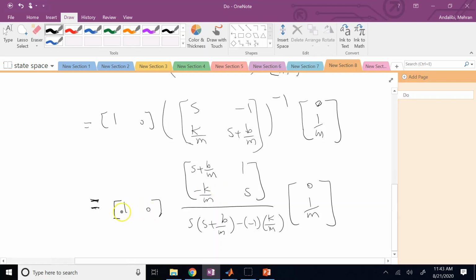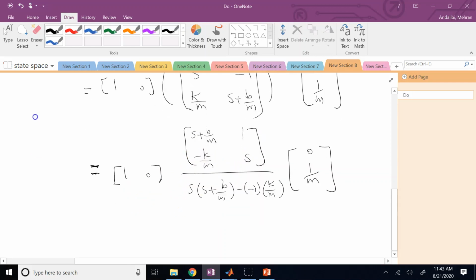So the first thing you can do is you multiply this by that. So here, when you multiply this by the first column and then by the second column, since this is 0, you only will keep basically the first row, okay? The first row remains, the second row goes to 0.